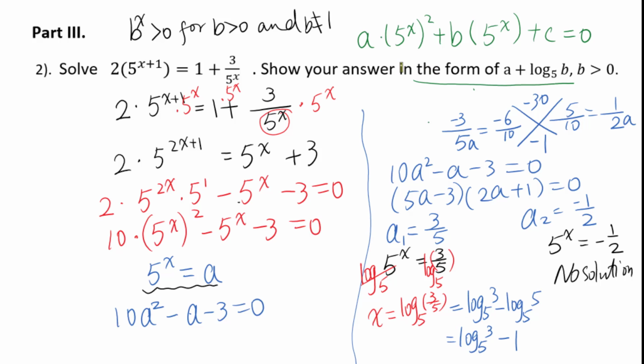Since I'm looking for the answer in the form of a plus log base 5 of b, we can write down the answer like this: negative 1 plus log base 5 of 3.